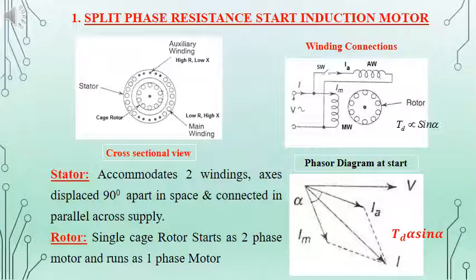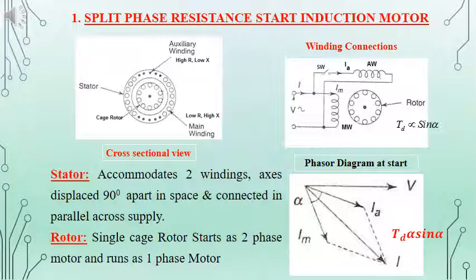For the main winding the resistance is less and the reactance is more, and for the auxiliary winding the resistance is more and the reactance is less. The auxiliary winding is connected in parallel with the main winding through a centrifugal switch, given in the figure as SW.